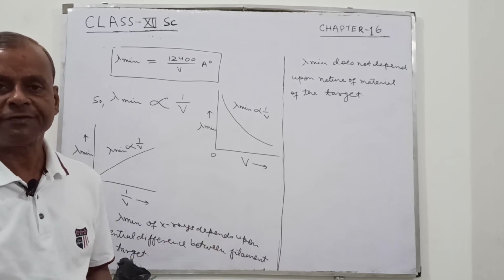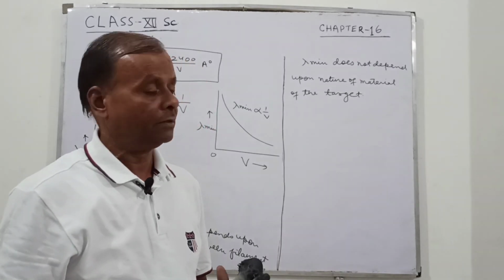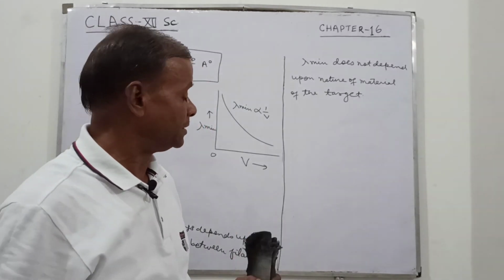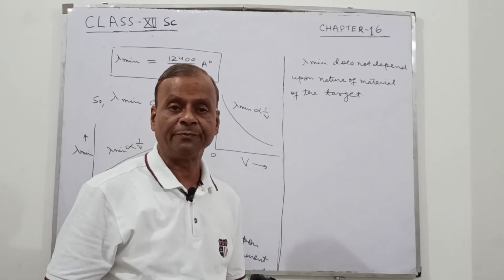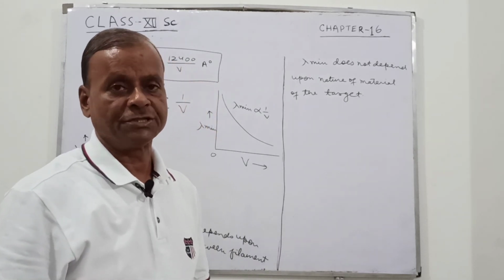So it can readily be seen that for different targets, lambda minimum will be the same when the applied voltage is equal.